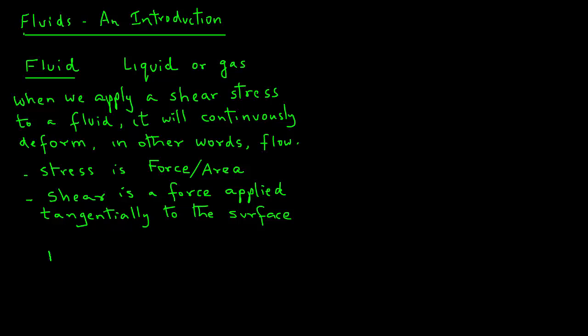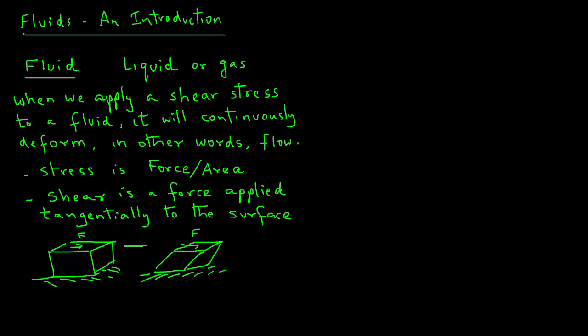So here is a little block, and imagine that we are applying force that is tangential to the top surface. So what happens if we apply this shear stress to a block of steel? Now imagine that we have this block of steel fixed to the ground, so it cannot move on this plane.